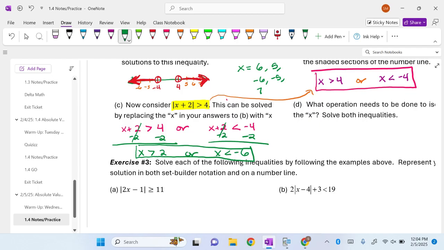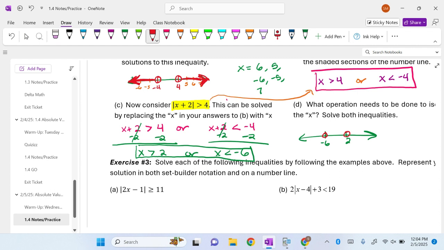And then if we graphed it on a number line, so I have 2 here and -6 here. What type of circles will be on top of those two numbers, open or closed? Open, because there's no equal to symbol. Now, for X is greater than 2, would I shade to the left of the 2 or to the right of the 2?